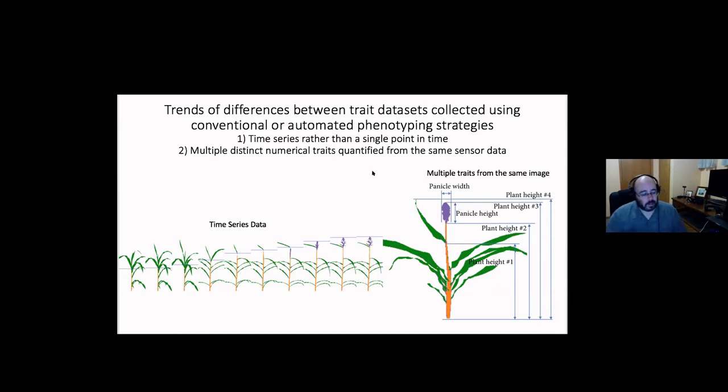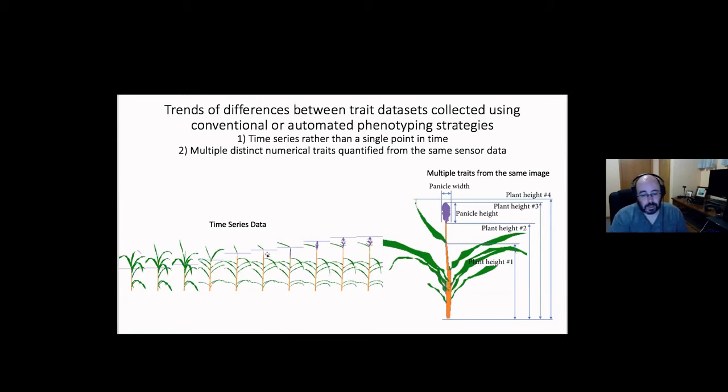But also that with a single piece of sensor data, whether that is an RGB image, a hyperspectral photo, a LiDAR point cloud, it is often possible, and in fact a good idea, to measure multiple distinct properties of a plant. So high throughput phenotyping data sets tend to be inherently multidimensional or high dimensional compared to the data when you have students running around the field with the rulers and the notebooks.